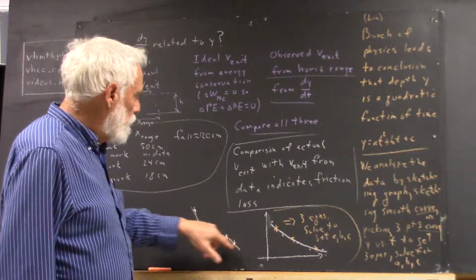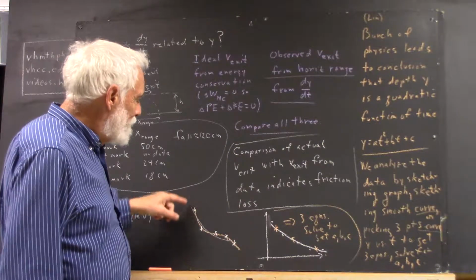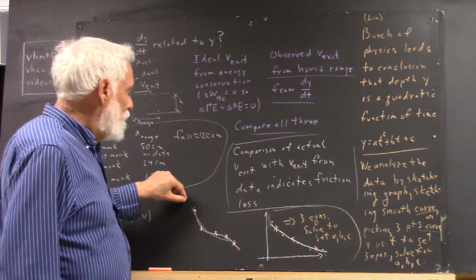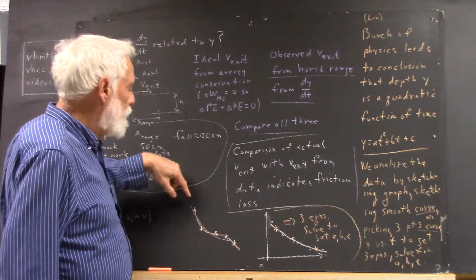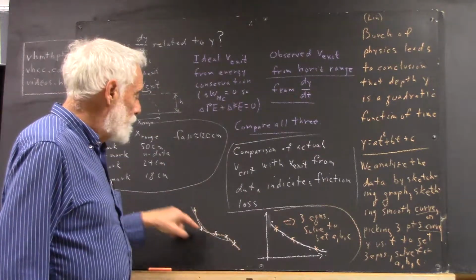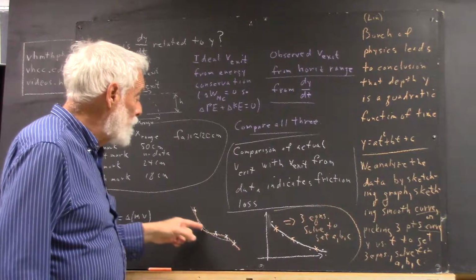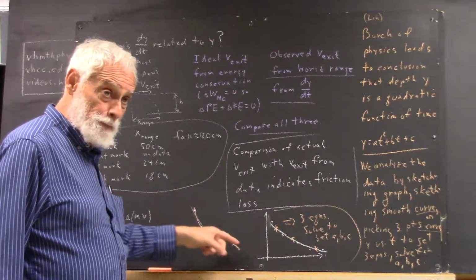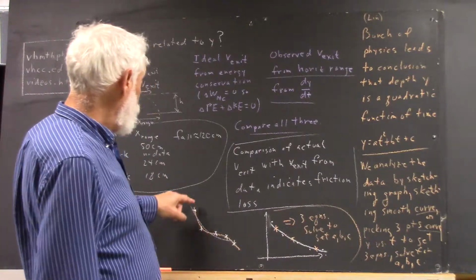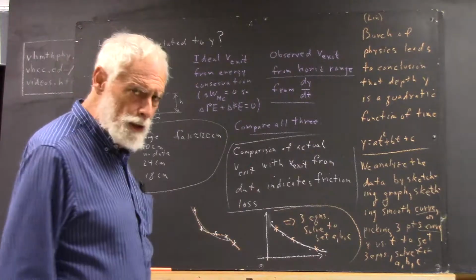The white curve represents, or is an attempt to represent, the parabolic curve that best fits these data points, or that indicates the trend of these data points. Okay? The orange curve is a curve that tries to hit every data point.